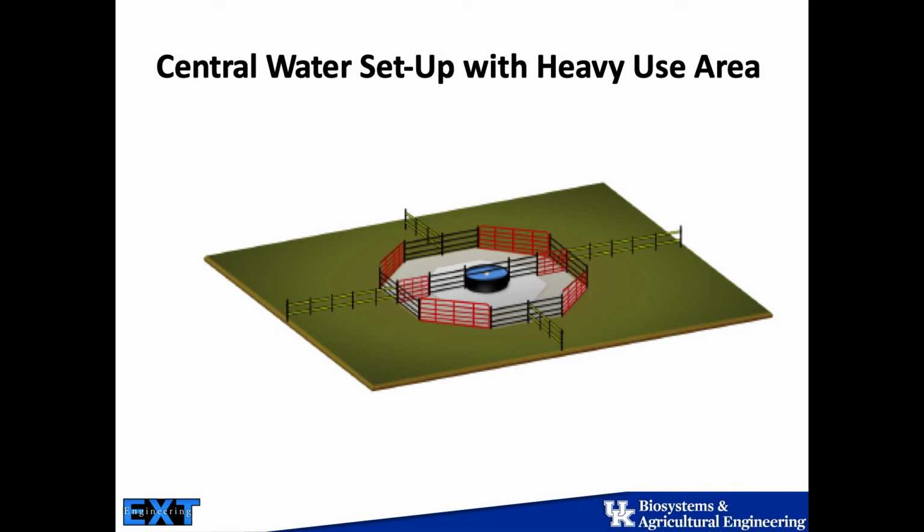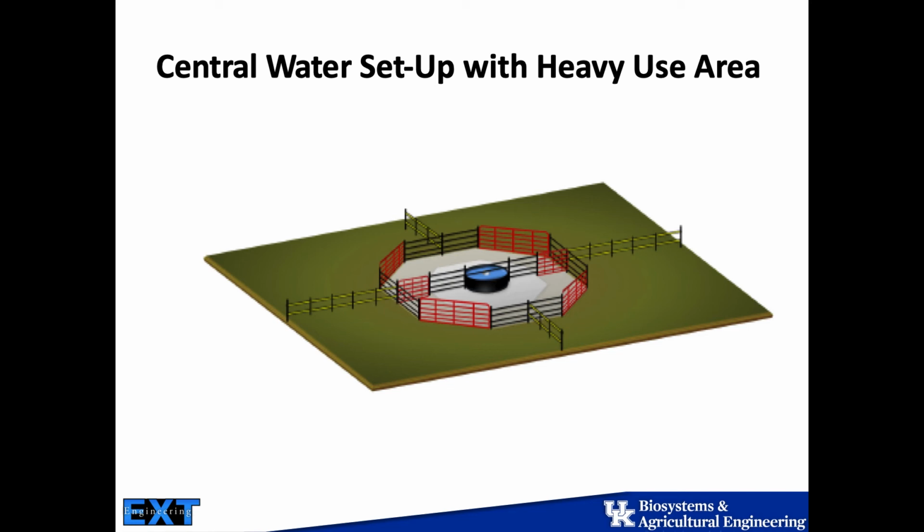I strongly encourage people that are thinking about doing this to still set up posts around a heavy use area around that water tank. That water tank really needs that heavy use area so that those animals don't deteriorate the ground there and they're not standing in mud. That's not what we want. Also, if we set up some permanent fencing and some gates around that water tank, we have a capture point.